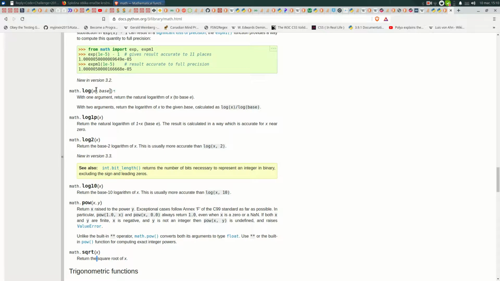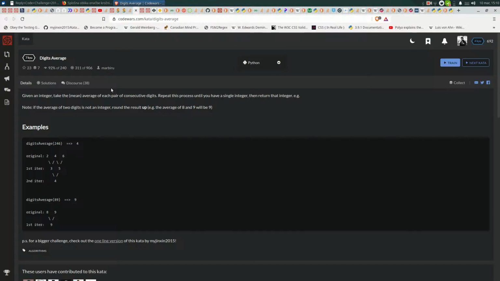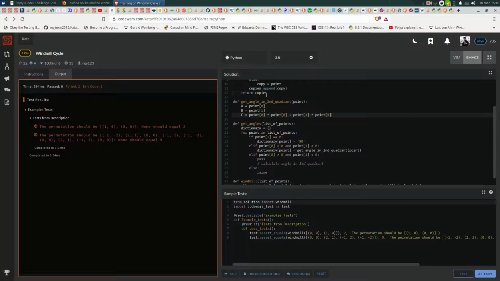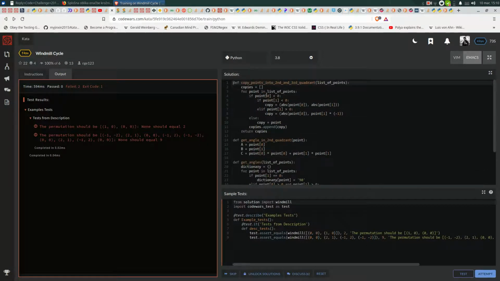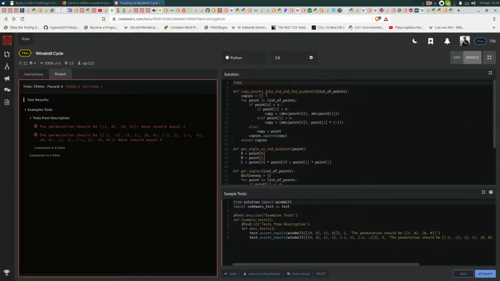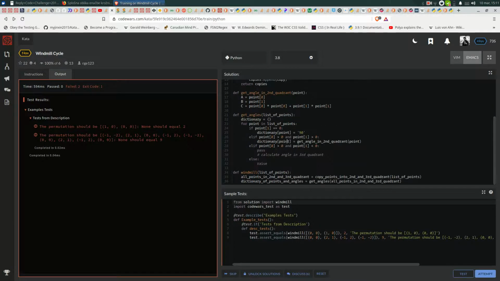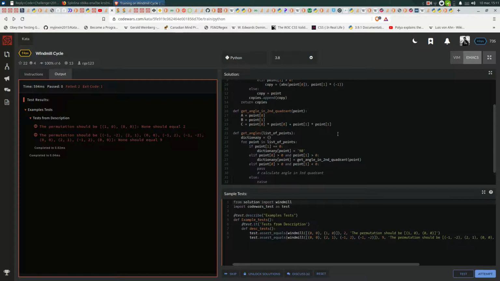Alright, so from math import sqrt. So here we say sqrt, C is that.